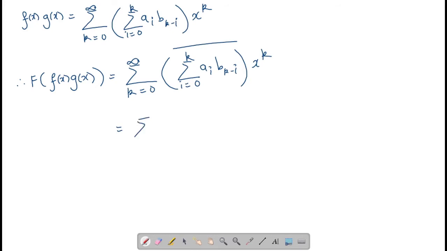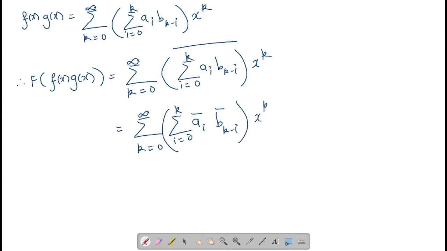Okay, and since each of these coefficients is just a finite sum with finite products in the sum, we have summation i going from 0 to k of a_i bar into b_{k-i} bar.